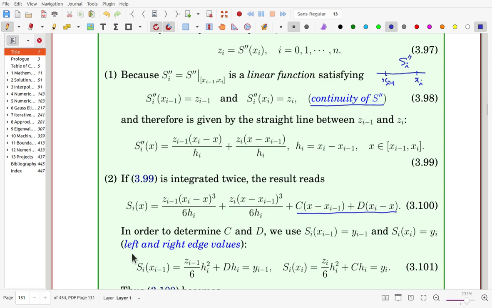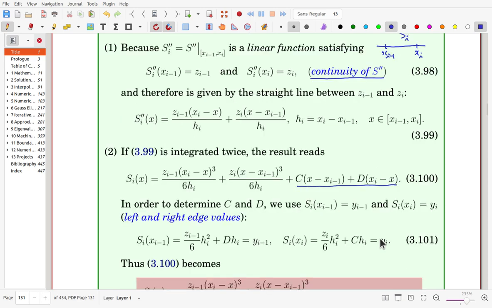Now we'll use the left and right edge values for Si. Si is defined on this ith subinterval. We are using the left edge point and right edge point, and we already know the values here. That is the interpolation property.